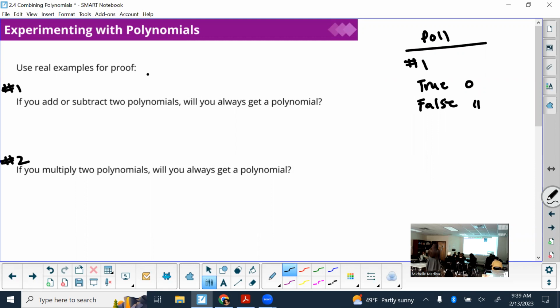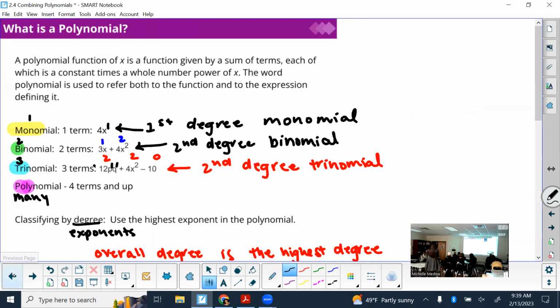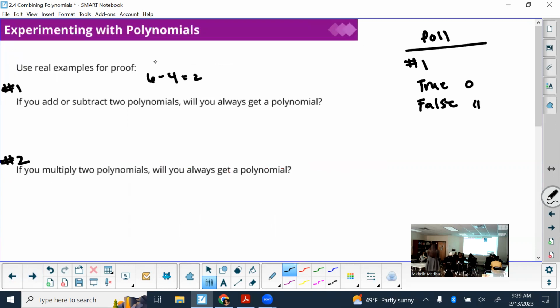Okay, so those would be all constants. Let me see if it matters if it needs to have an x. Okay, so according to the definition of polynomial, which again, I think this definition is kind of funky, it says you need to have letters in there, essentially. So what we're really asking is if I add or subtract 2 polynomials, say it's like 2x plus 3y minus 4, you can have some constants in there.